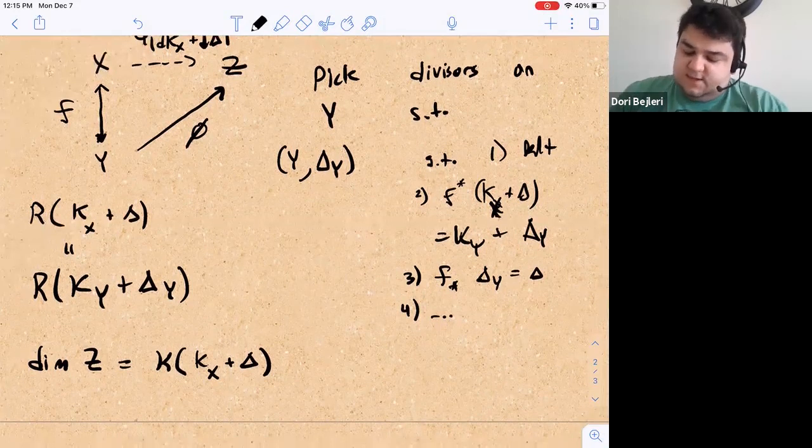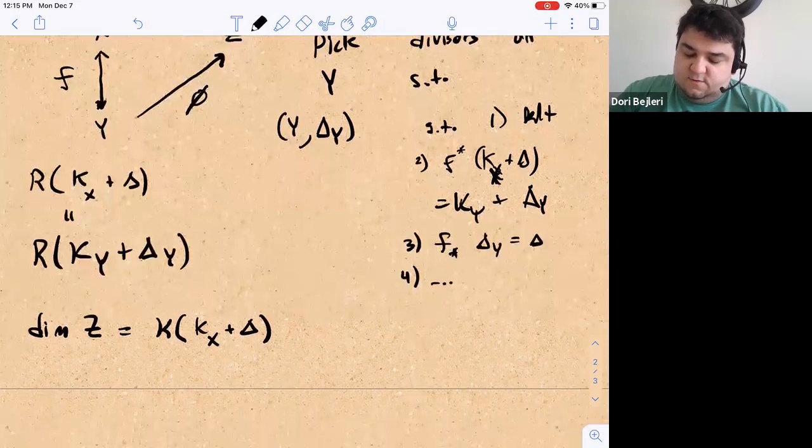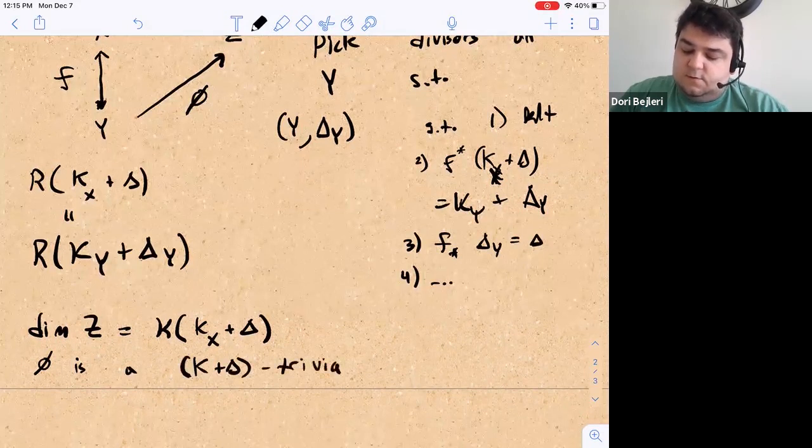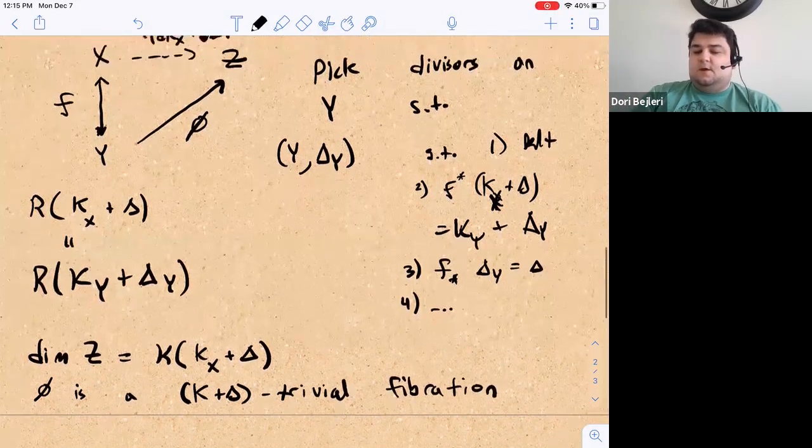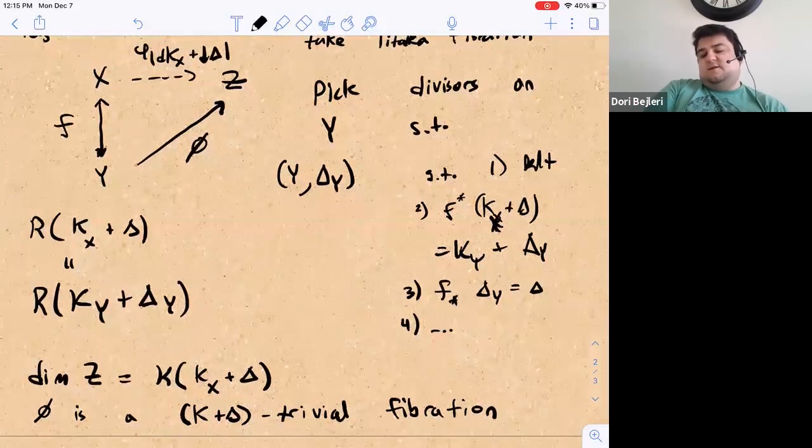And now the second observation is that phi is a k plus delta trivial fibration. Because if we look at the Iitaka fibration on x, well, it's induced by kx plus delta.